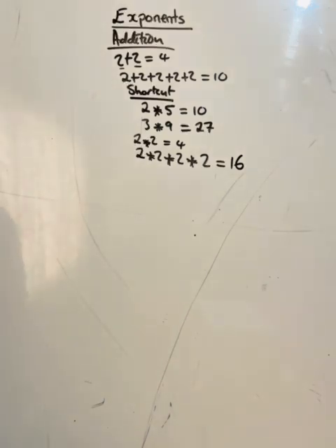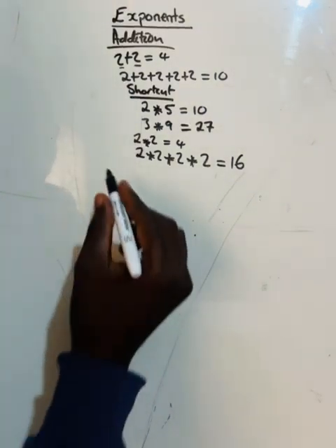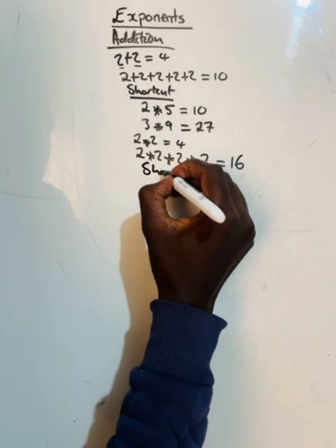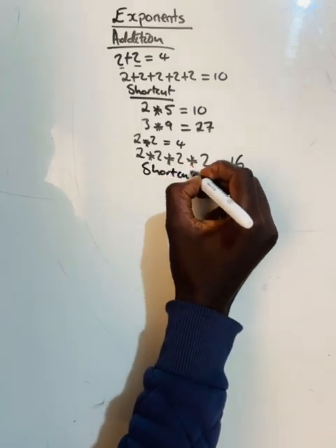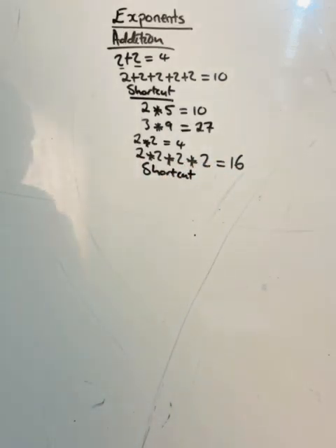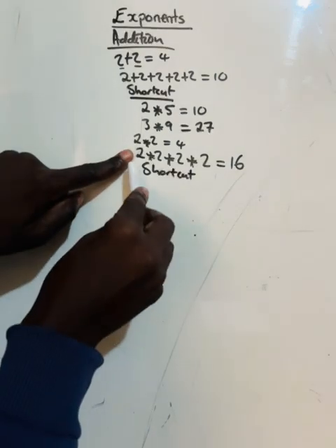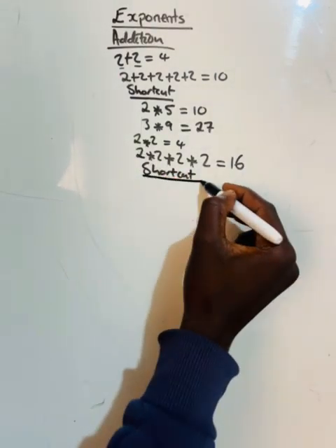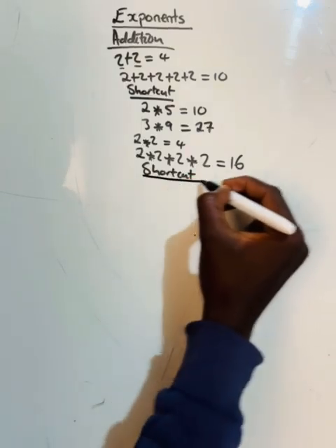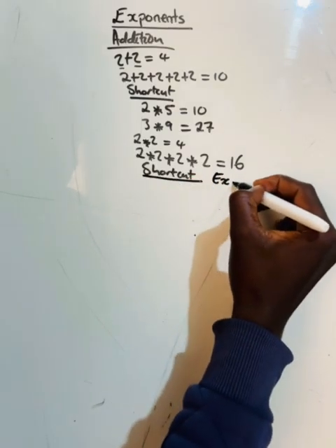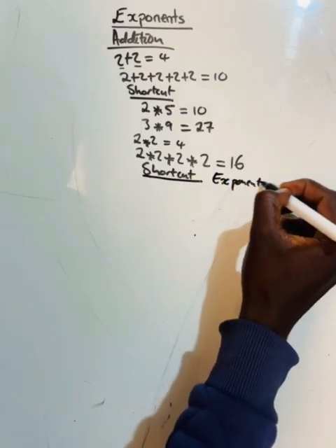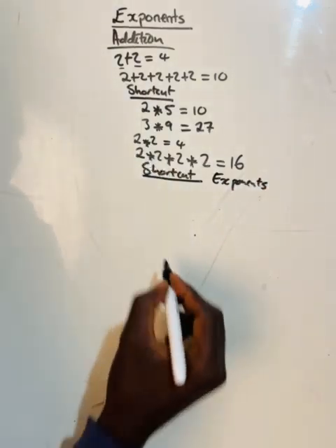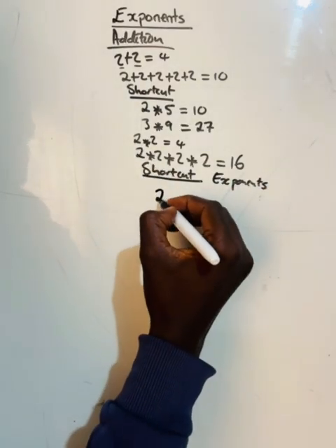Now, mathematicians say, what if we develop a shortcut of repeatedly multiplying the same number? So how many 2's did we multiply? We multiplied 4. Then they said let's have the shortcut which we call exponents, where we indicate that the number that we need to multiply is 2.